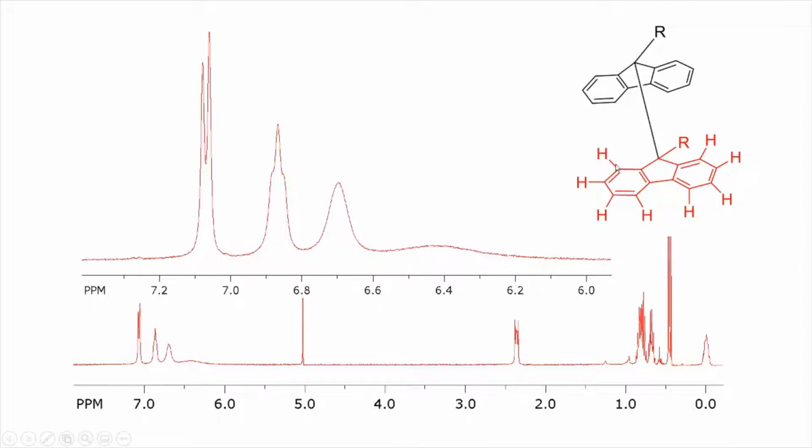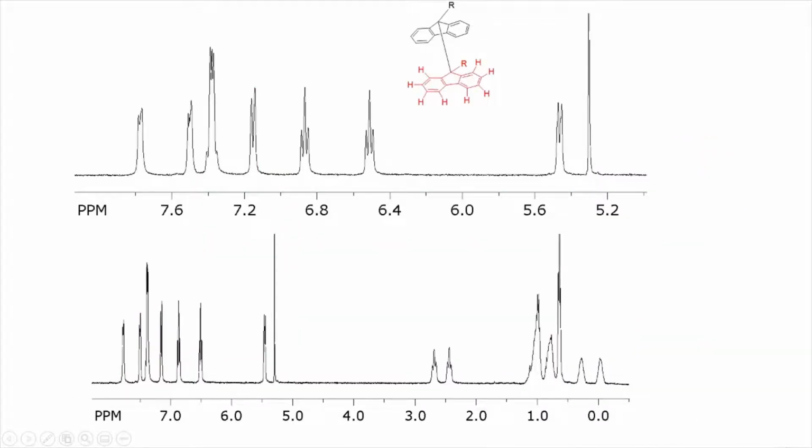That's why they give a kind of average peak, and we cannot determine which peak is which. But to determine their rotation and activation energy, we can freeze their rotation. So we can take the NMR of that molecule at low temperature.